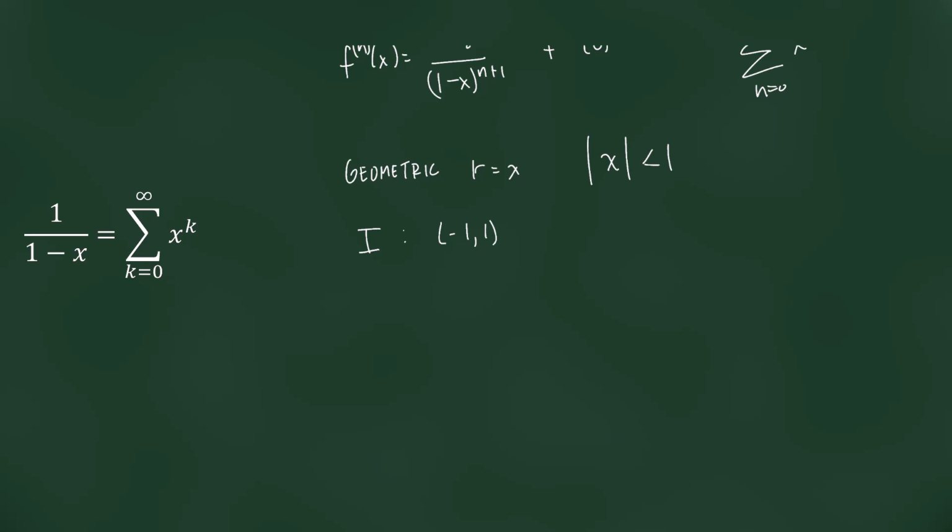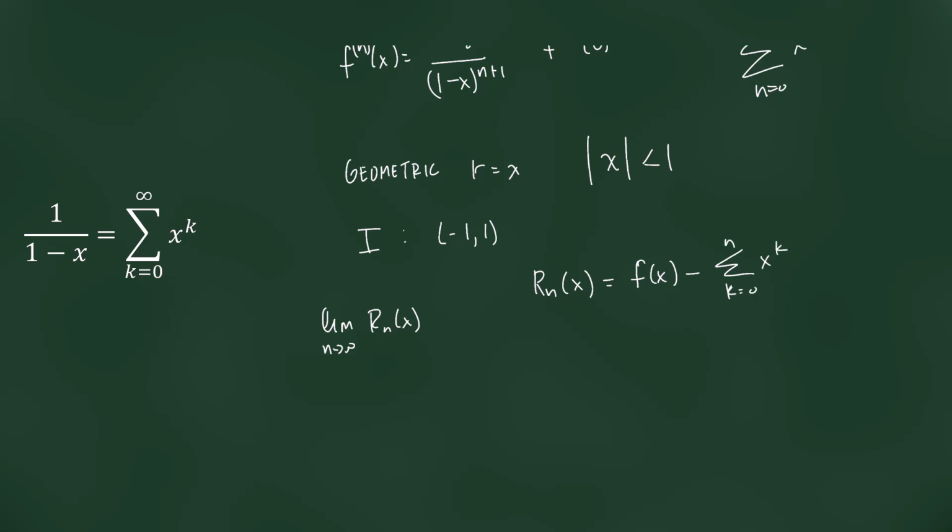In particular, we're going to look at the limit as n goes to infinity of the remainder. But let's come up with an expression for the remainder. We're going to use a slightly different formulation this time because we have a geometric series. Well, the remainder is always equal to the function minus the sum up until n. So we'll go k equals 0 to n of x to the k.